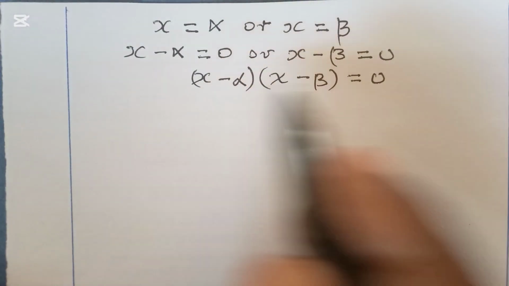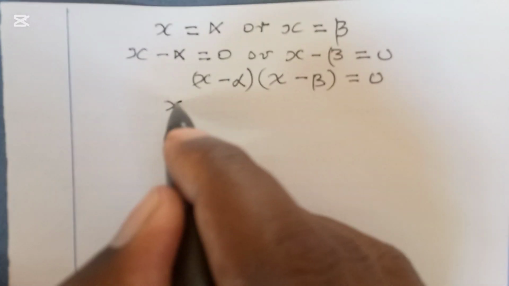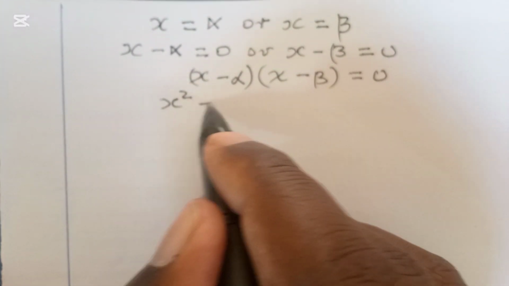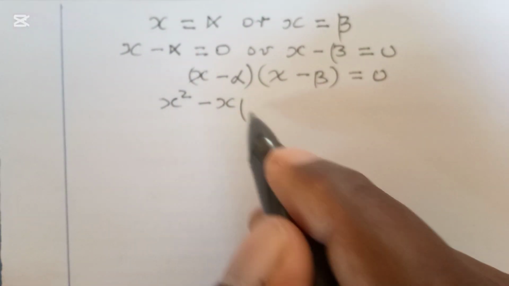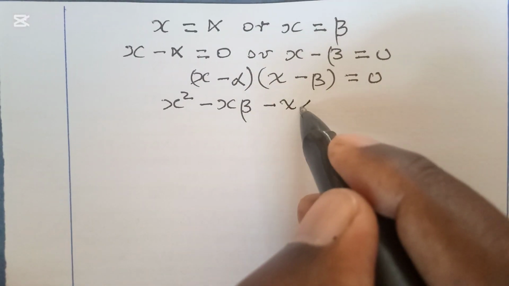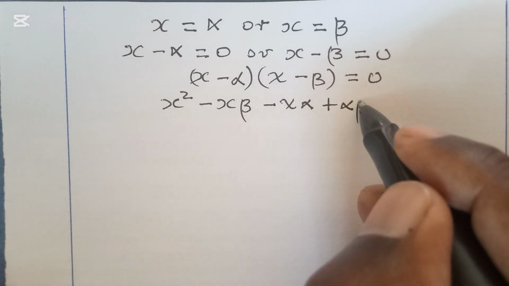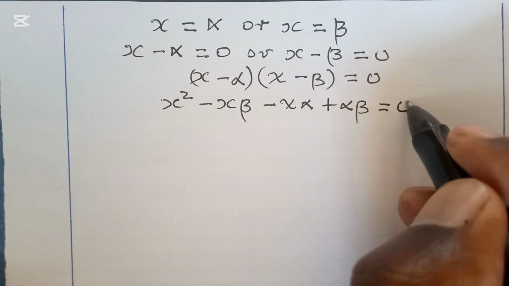And now guys, we can expand them. So they give us x squared minus x beta minus x alpha plus alpha beta. This gives us 0.